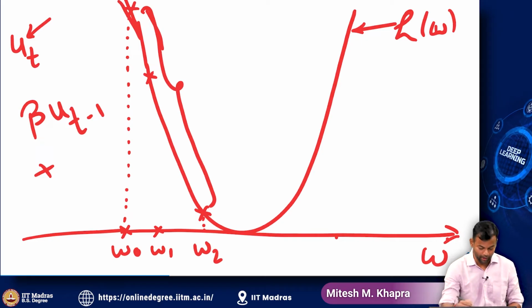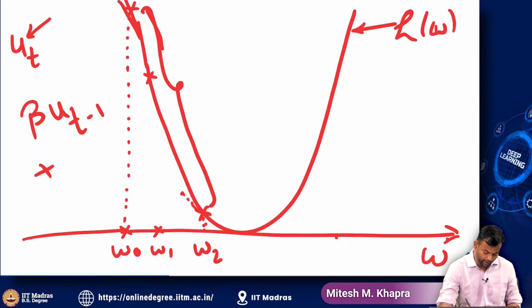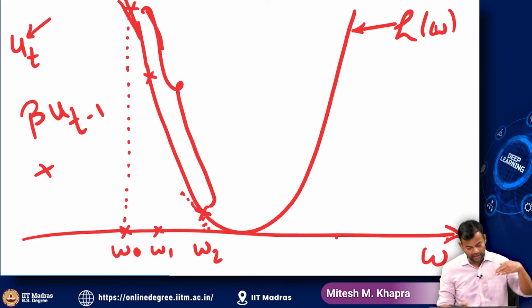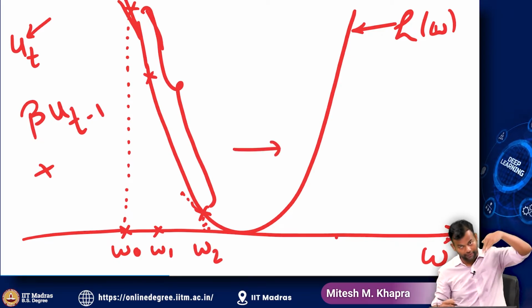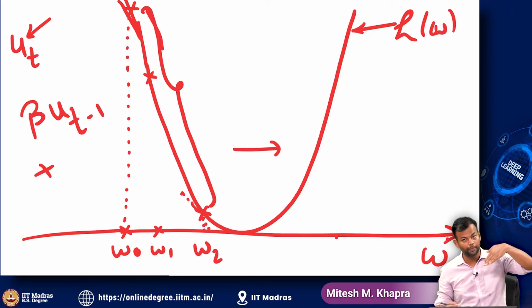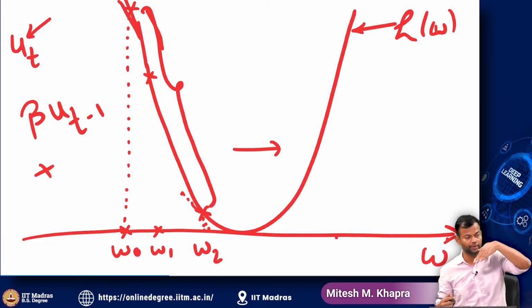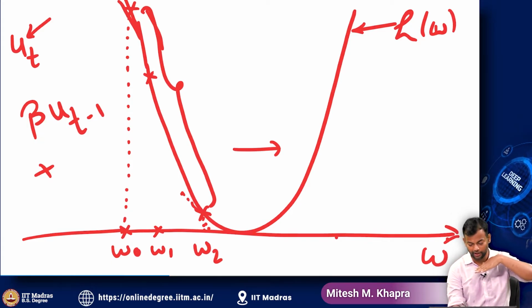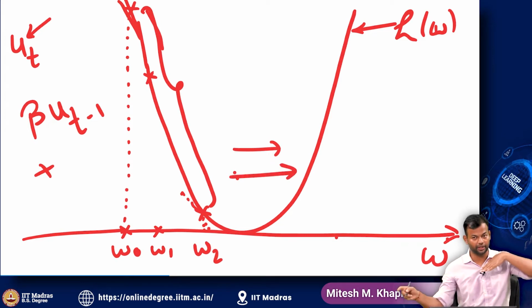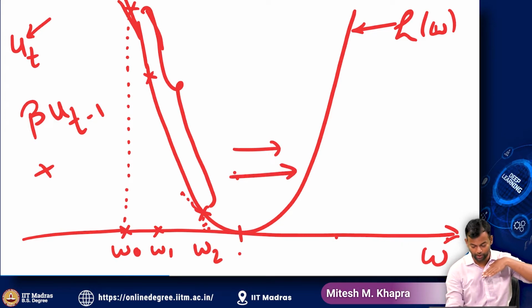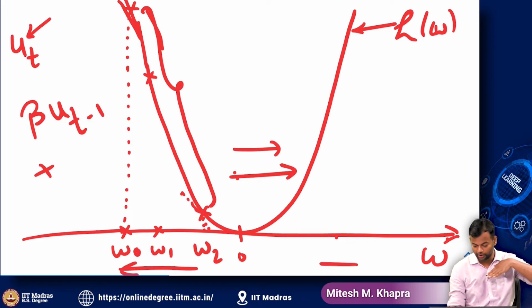I am at W2 right now, so I'll compute the derivative here, and the history was asking me to move in this direction because all the way I'm going down, and now this slope is also negative, and I'm going to move in the direction opposite to the slope, so I'm going to move in the positive direction. So on the W number line, this is the positive direction, right? So here you have say 0, here are all the negative numbers, and here are all the positive numbers.